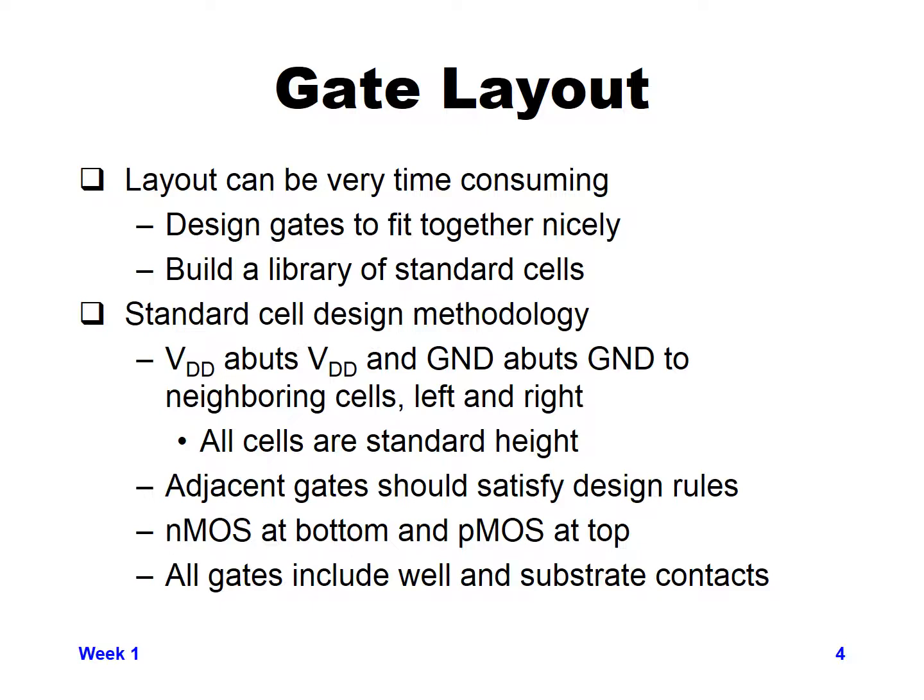In the standard cell design methodology, you'll create this set of standard cells that can be used for multiple different designs that you're going to be sending to that process technology at that particular company.